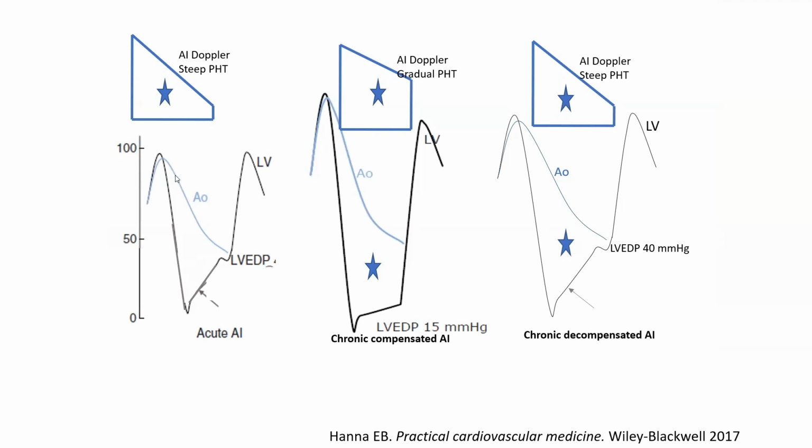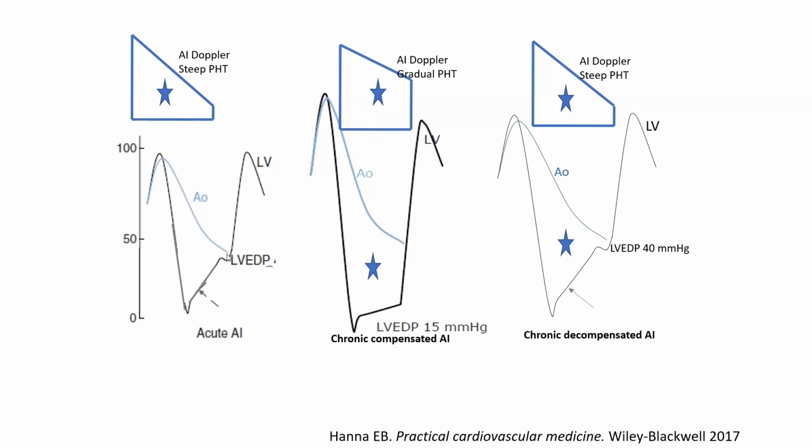On the simultaneous aortic and LV waveform in diastole, the LV and aorta meet in end diastole and form that triangle. This is a sign of severely decompensated AI, whether chronic severely decompensated AI as in here or acute AI. In compensated chronic AI, you don't have it.